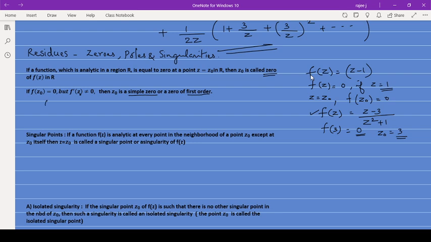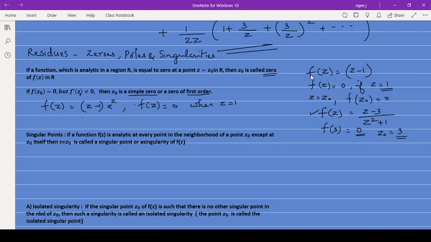For example, if f(z) is equal to (z - 1) times e to the power z, and I put z equal to 1, clearly f(z) will be 0, because this term becomes 0.